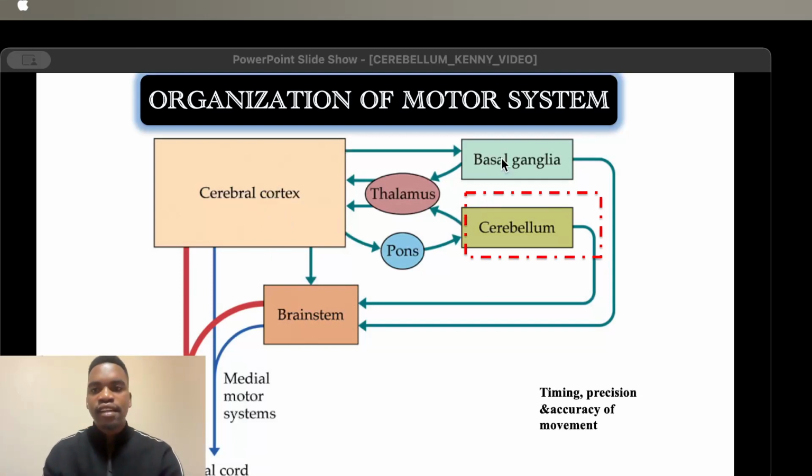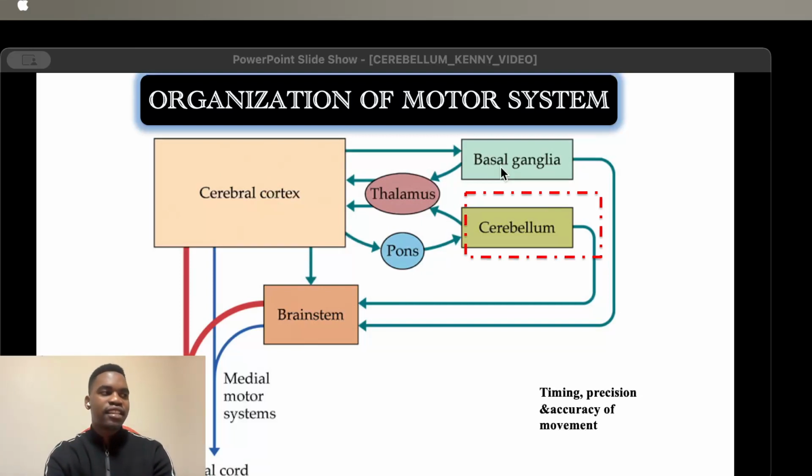And the basal ganglia is the one that initiates movement. So it takes the codes that were given from the higher cortex, the cerebral cortex, and generates a specific kind of movement.